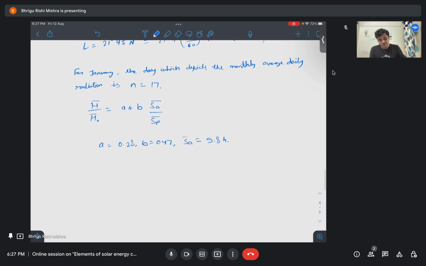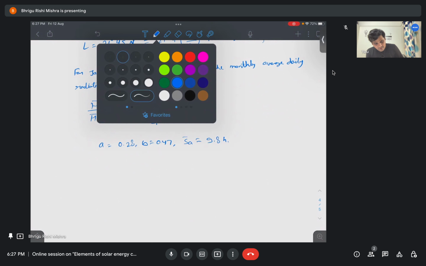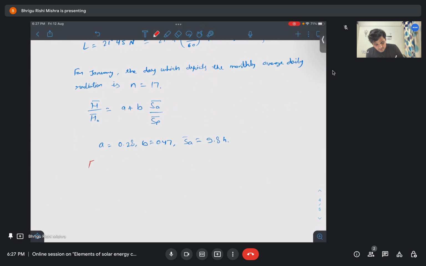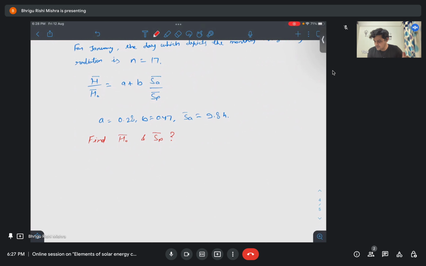So we need to find H naught bar and S P bar. First we need to calculate the declination angle.